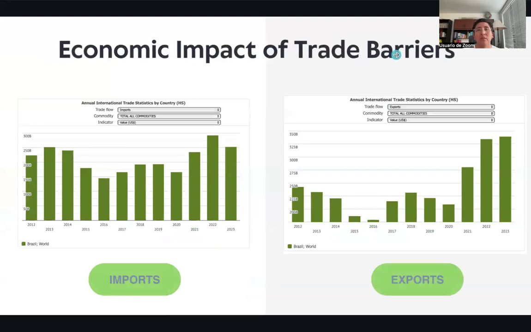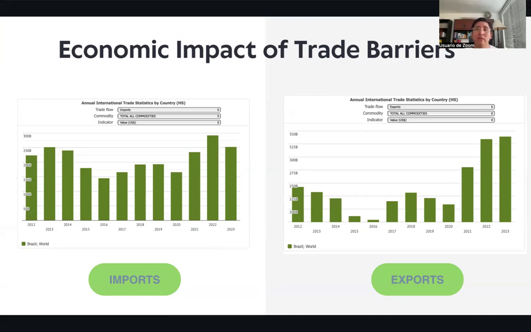The economic impact of the trade barriers. In this section, let's explore how Brazilian trade barriers have impacted the economy. This effect can be both positive and negative, depending on the sector and global context. Starting with the positive impact, trade barriers have played a role in protecting national industries.